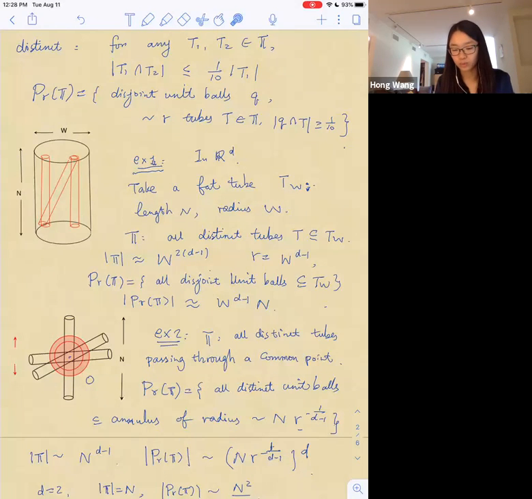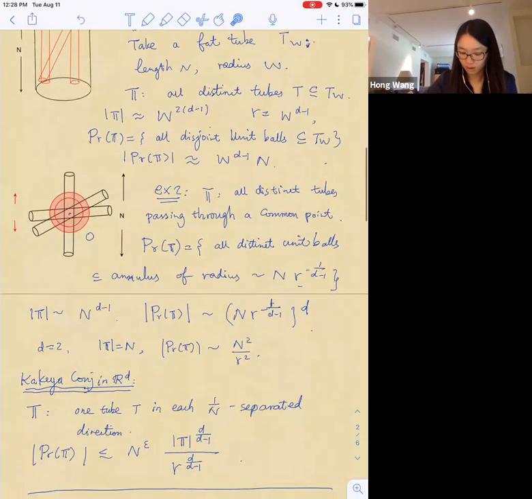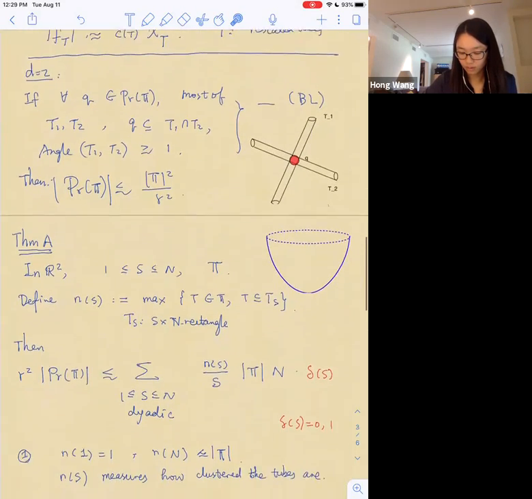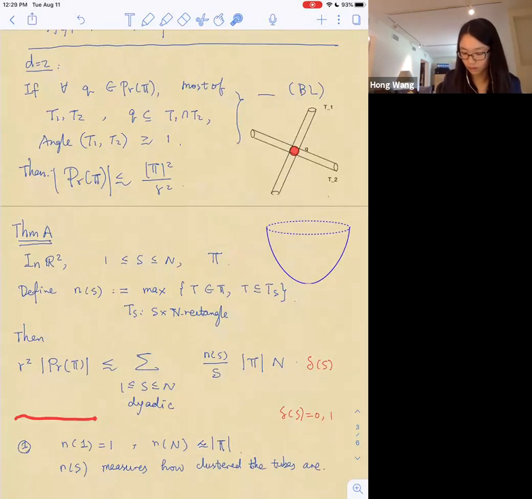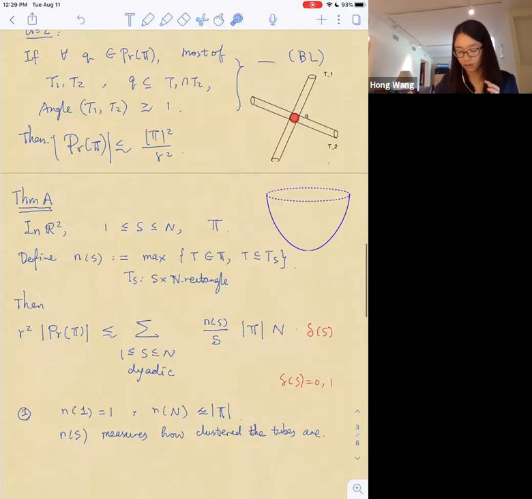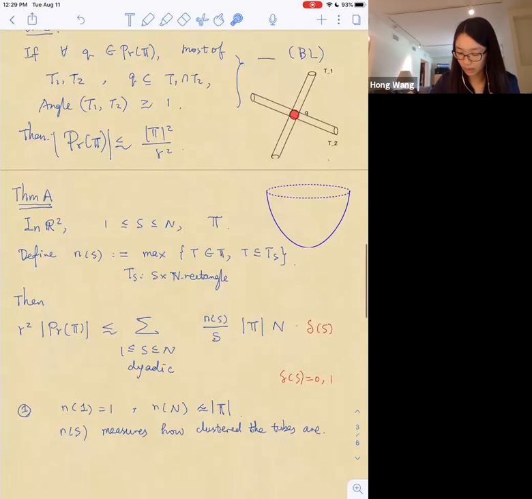The NS will be very large. And then one can interpret this estimate as follows. We can either identify an S such that the tubes are clustered into fat tubes of radius S, otherwise we'll have some good estimate.